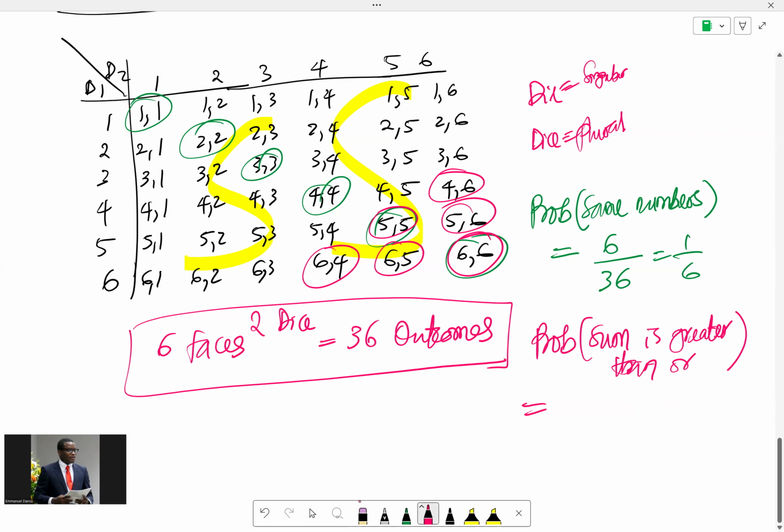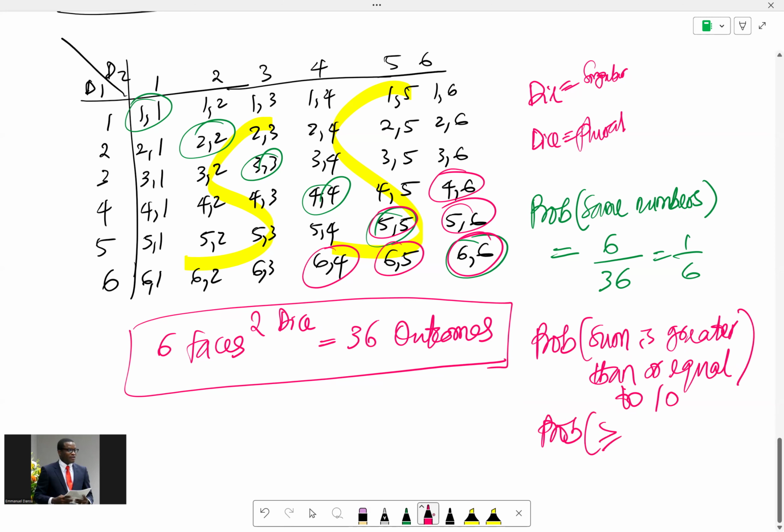So what is the probability that the sum of the 2 numbers on the faces of the dice is greater than or equal to 10? You want 10 and above, so you want 10 upwards.